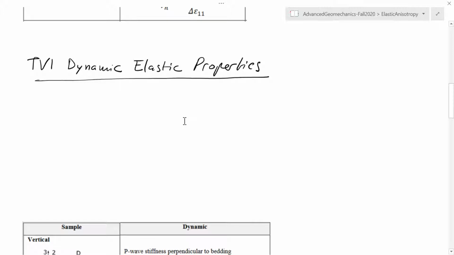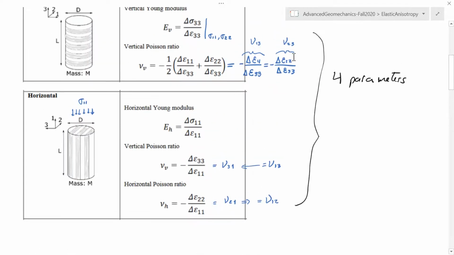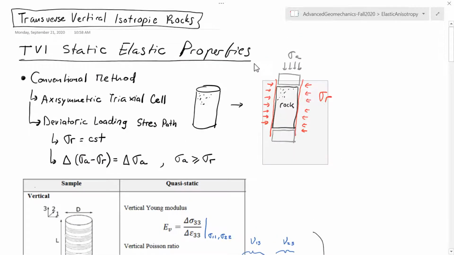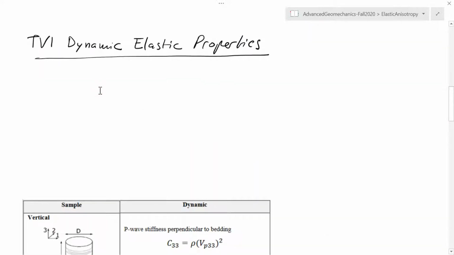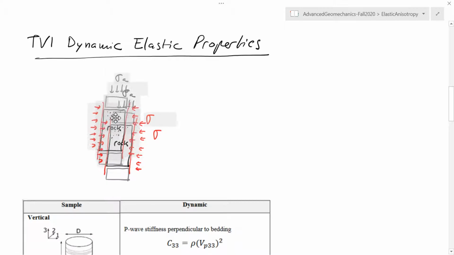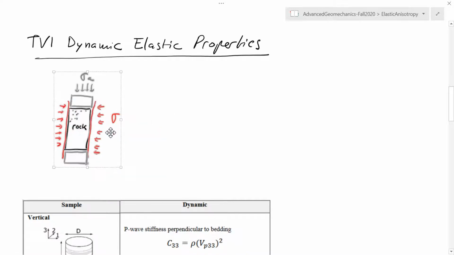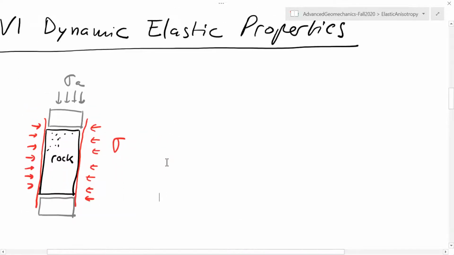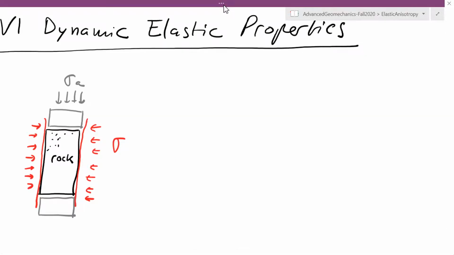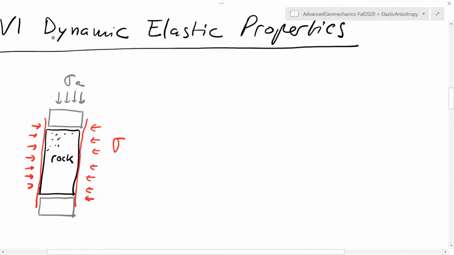And for the TVI rock, what we're going to do as well is use this conventional method. Let me bring a copy of this over here. In which we're going to measure wave velocities that start and finish in end caps in this same triaxial cell.